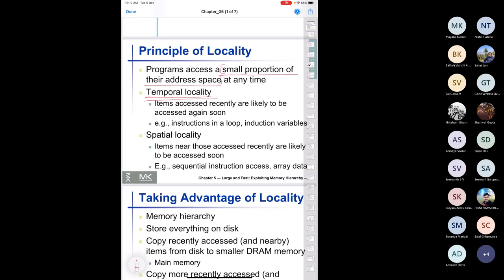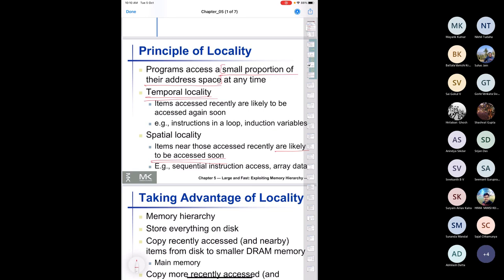And what is spatial locality? Spatial locality is that items which are near those which have been accessed recently are likely to be accessed soon. So if I have accessed an instruction I, the instructions near I are also likely to be accessed soon.